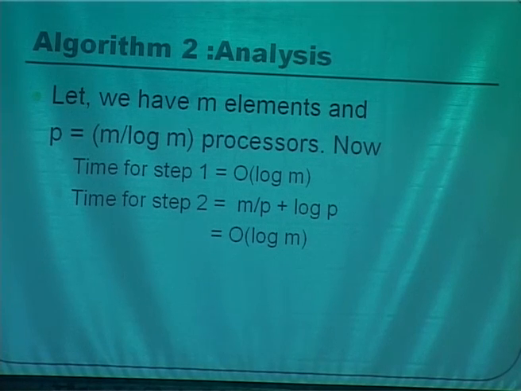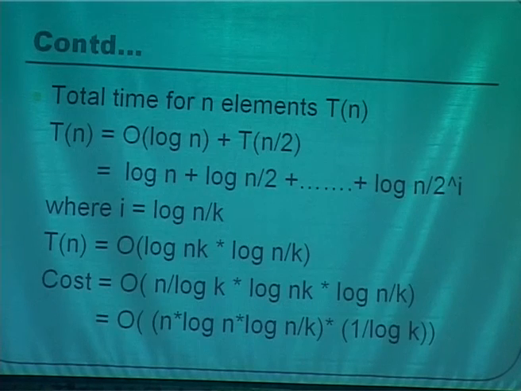So each recursive step takes time of order log n, and the total time for n elements is T(n) equal to order log n plus T(n by 2).